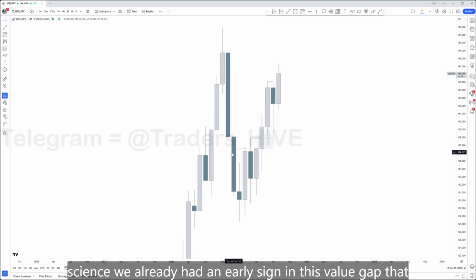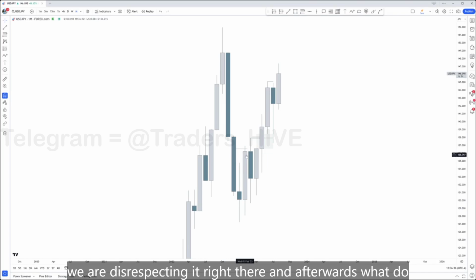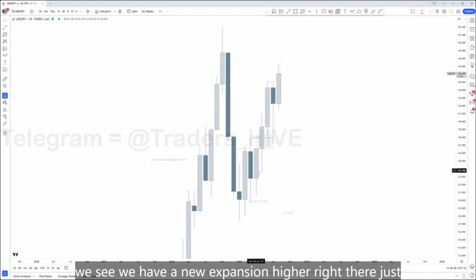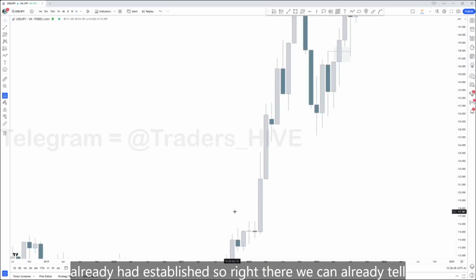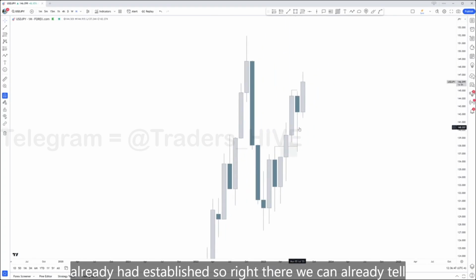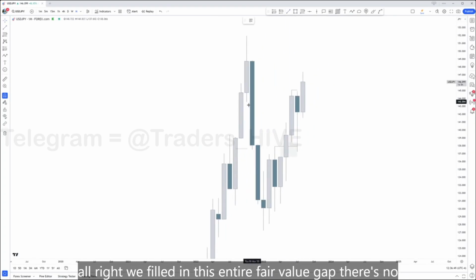So based on candle science, we already had an early sign in this fair value gap that we are disrespecting it right there. Then afterwards, what do we see? We have a new expansion higher right there, just following through on the bullish order flow we already had established. So we can already tell we filled in this entire fair value gap.